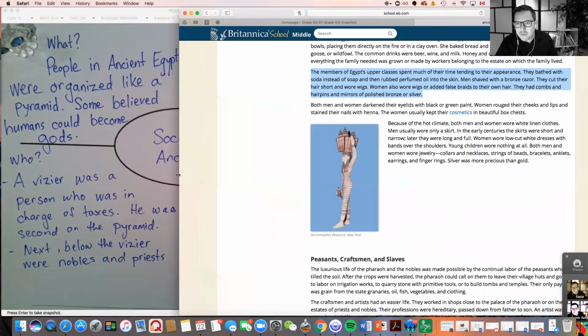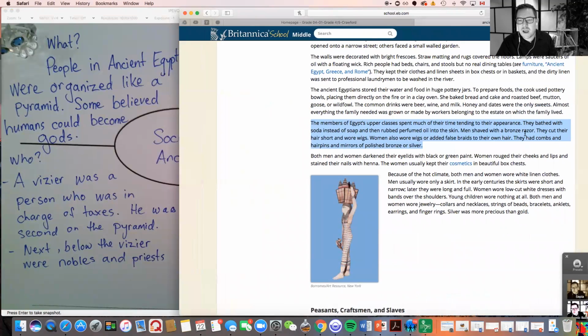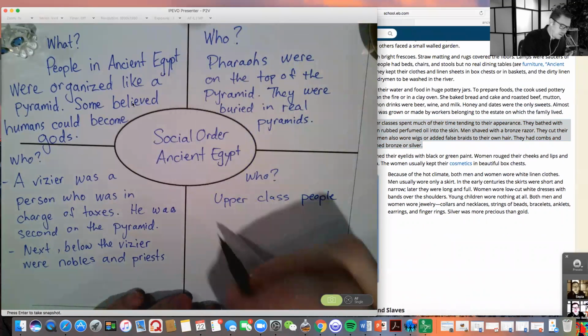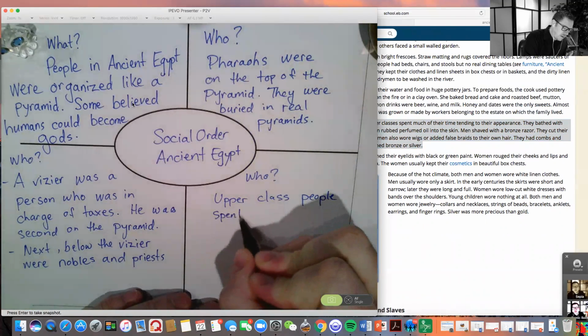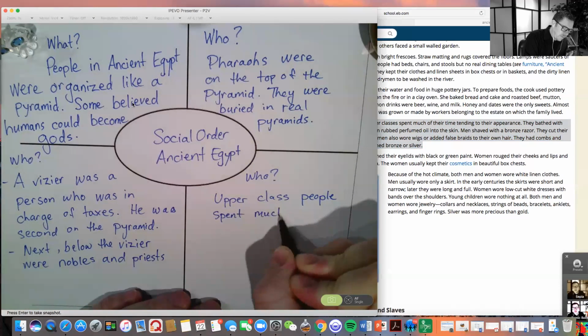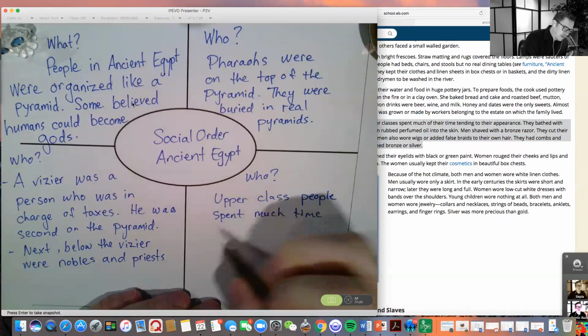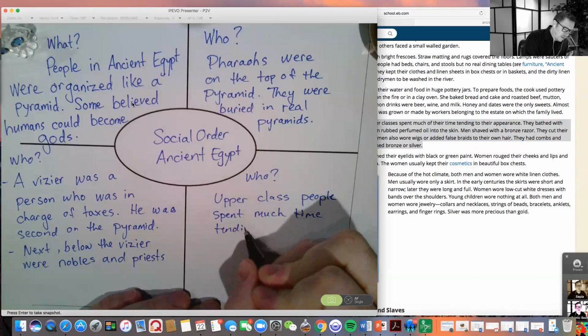So I can go back and find that word again. There we go. I highlighted it here. So upper class people spent much time tending to their appearance.